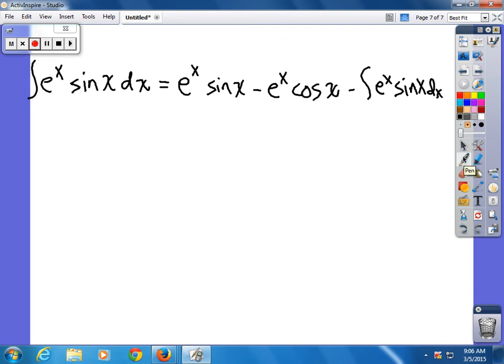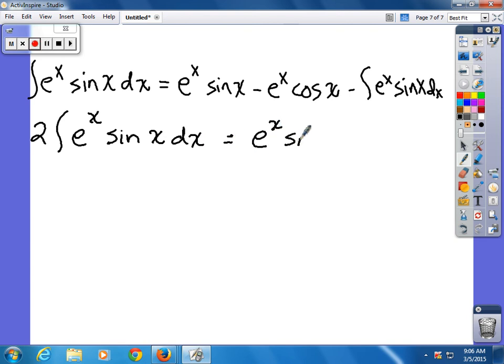You come over here, and one antiderivative of this plus one antiderivative of this is 2 times the antiderivative of e to the x sine of x dx, equal to e to the x sine of x minus e to the x cosine of x. And then divide by 2.